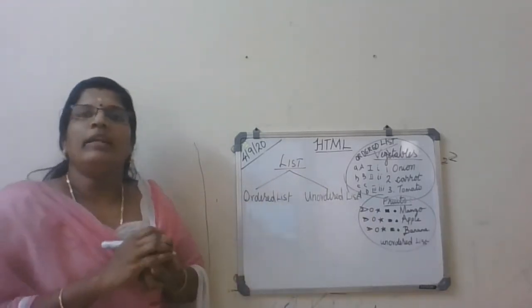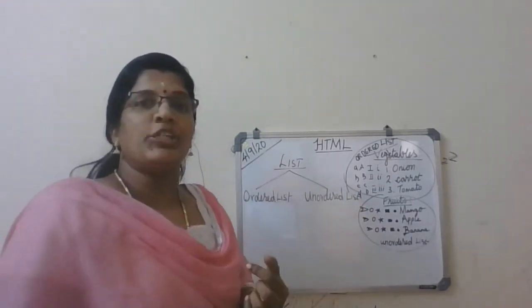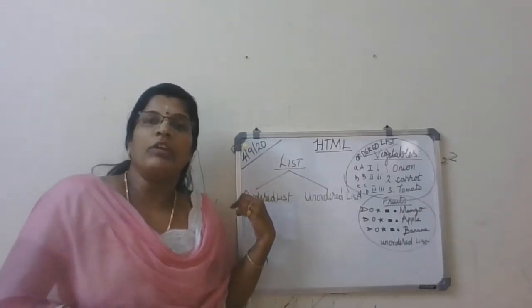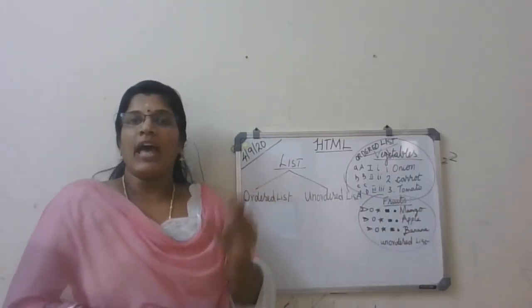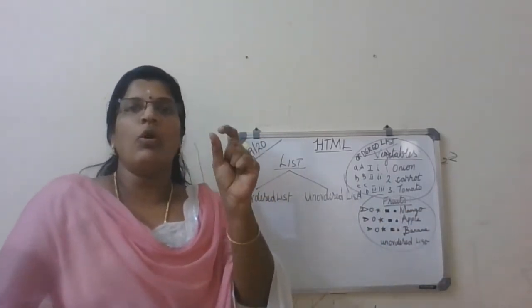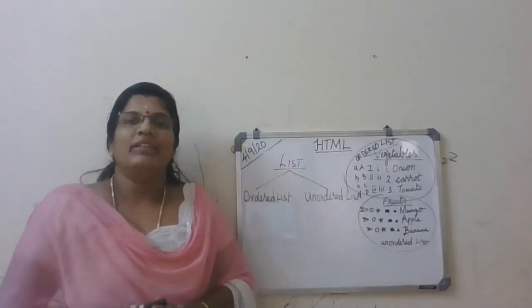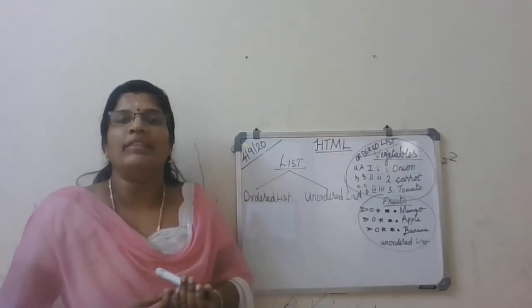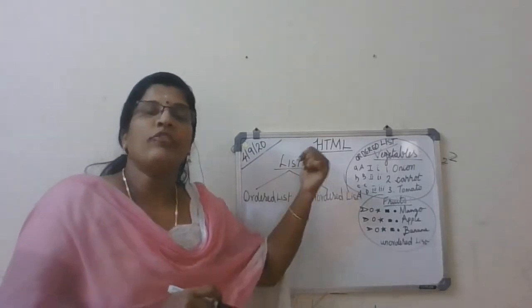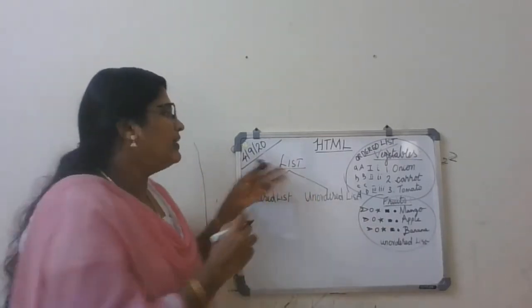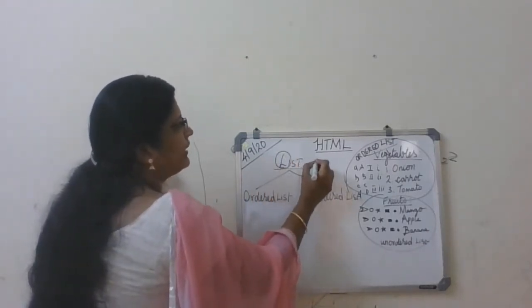Okay, so let us see, but while writing the HTML program, we cannot give the full word, right? The tag should be small and short one. So we cannot write the full one. So how to make it? In order to make it, we have to take the letters of these three words. So for list, you can take the first two letters.